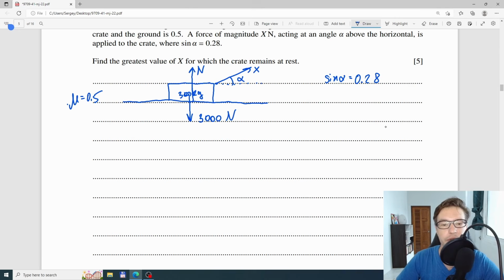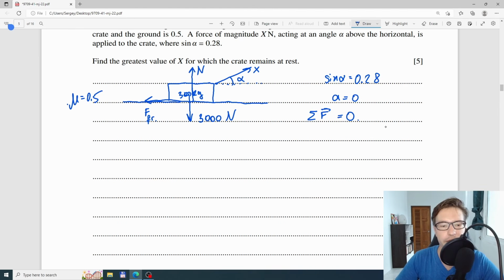Apart from that, we also have the force of friction acting in the opposite direction of X, but horizontally, force of friction. Okay, now the crate remains at rest, so that means acceleration of the crate is 0, and that means the sum of all the forces in every direction should be 0.